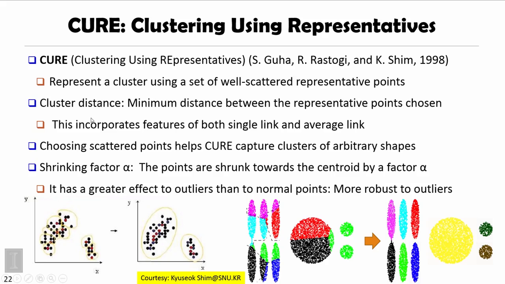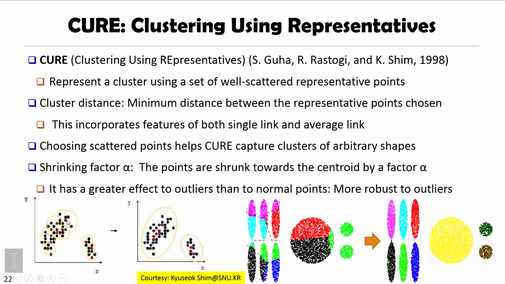For CURE, the first interesting thing is redefining the clustering distance to be the minimum distance between the representative points chosen. How to choose representative points: you can consider each group. You may have some points which are closer to the center of this group of data.